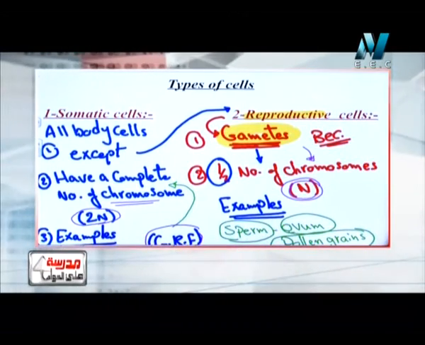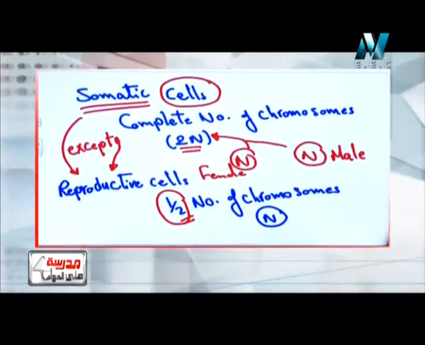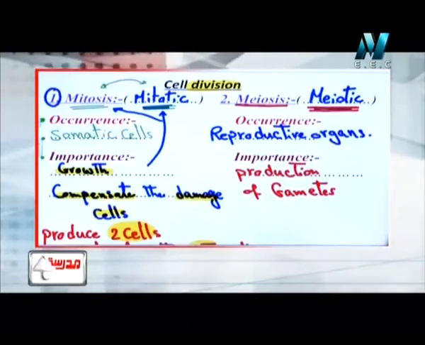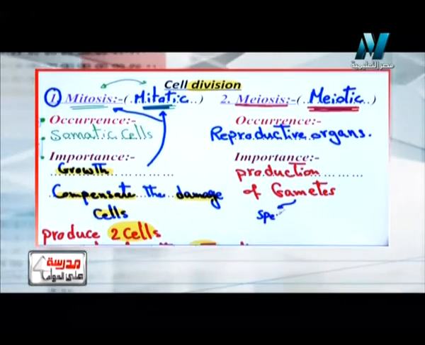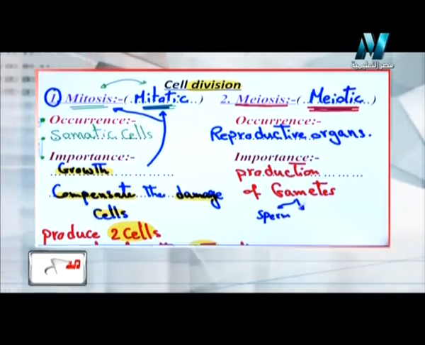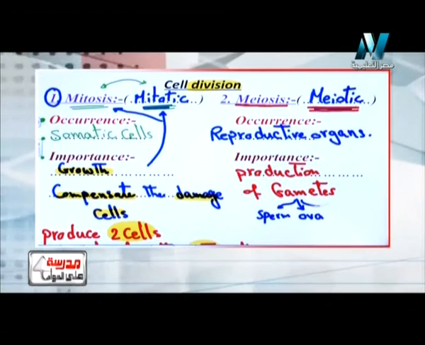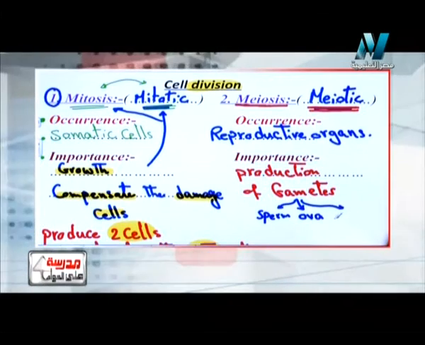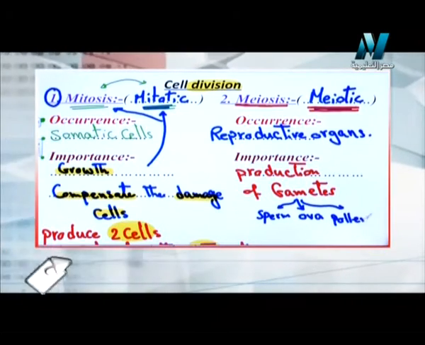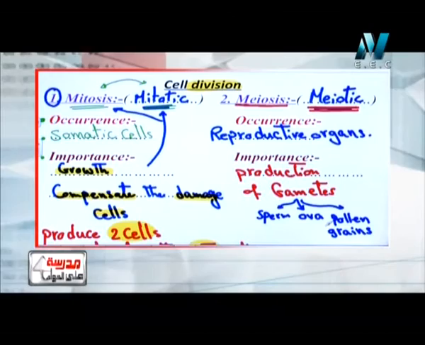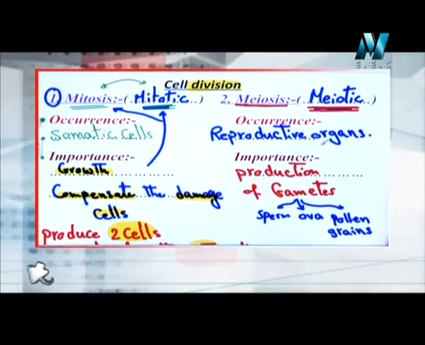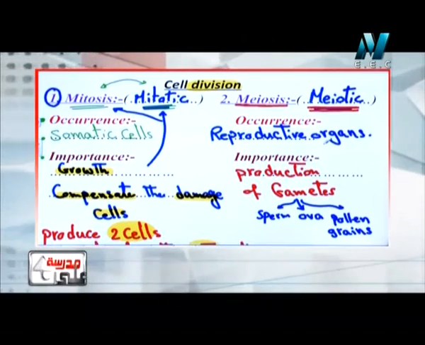The importance is that it helps in the formation of gametes. Production of gametes as sperm, as ova or ovum, as pollen grains. Pollen what? Grains.